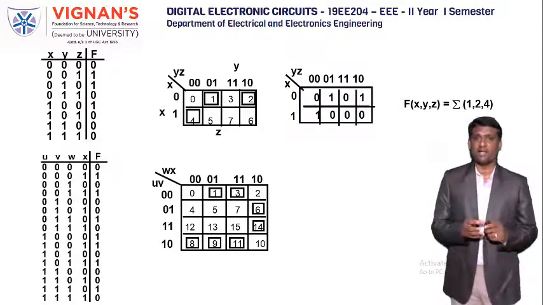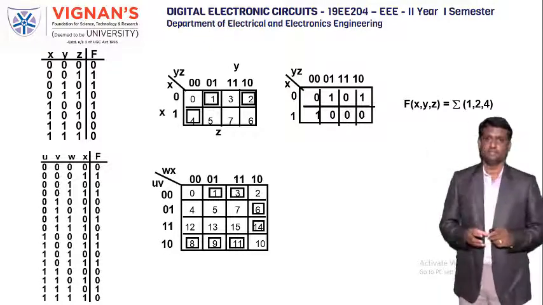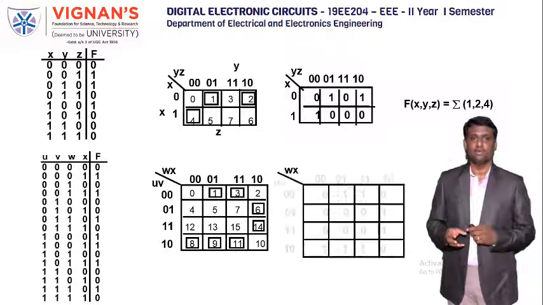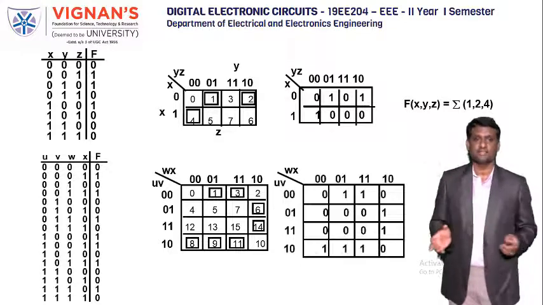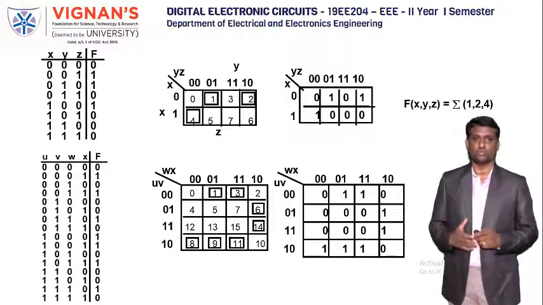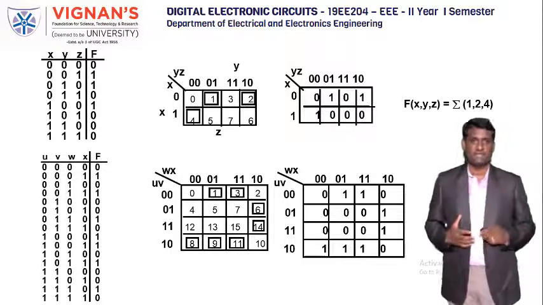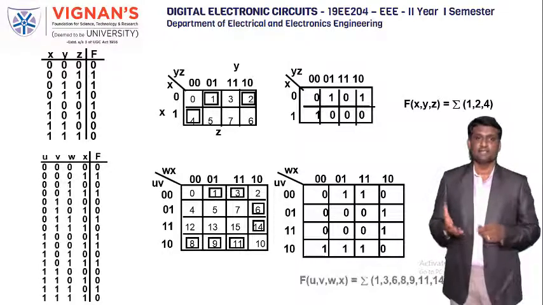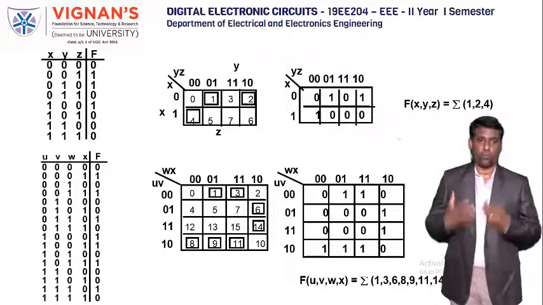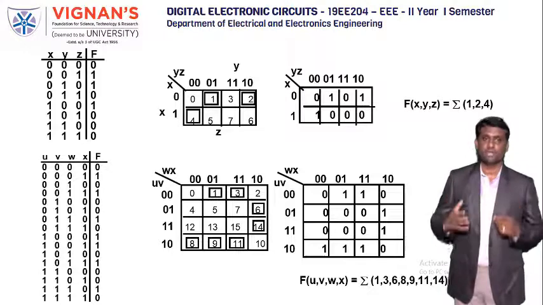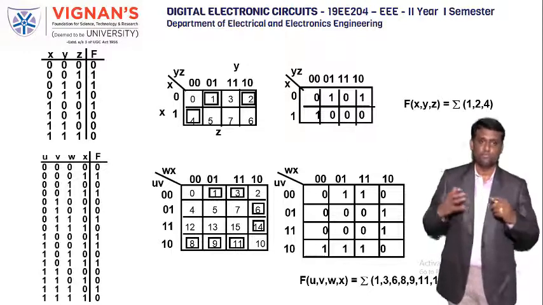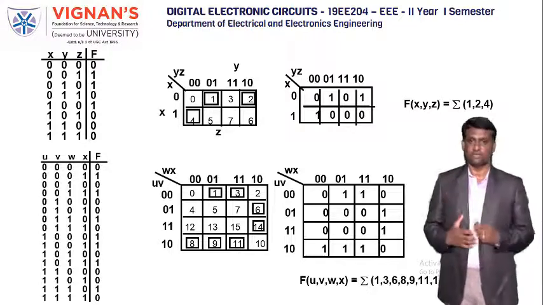The respective cells are assigned ones and all remaining cells are assigned zeros. To simplify the Boolean function, we have to consider only the cells having value 1, because only those terms are present in the Boolean function, and we need to simplify that function.